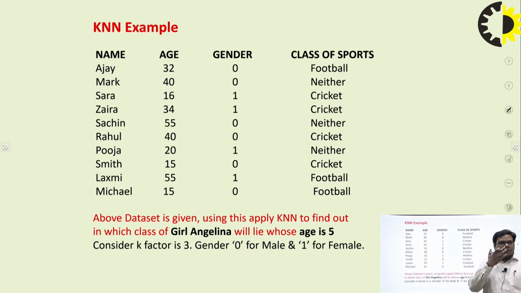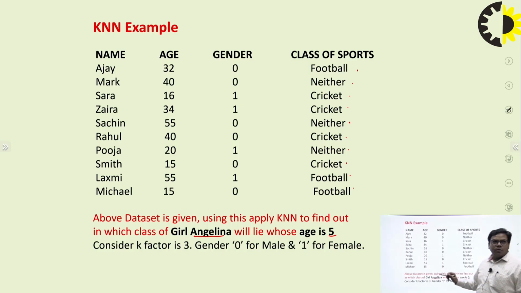So let's see one example. We have a data set with a few points, 1, 2, 3, 4, 5, 6, 7, 8, 9, 10. So there are 10 input data points in this data set, and we need to identify the class of a girl, Angelina, whose age is 5.